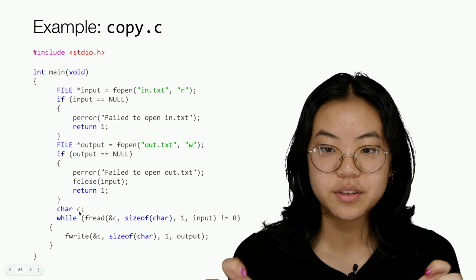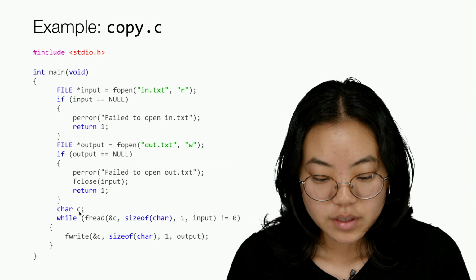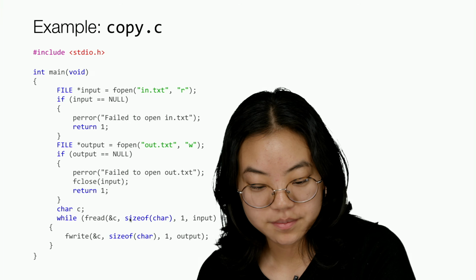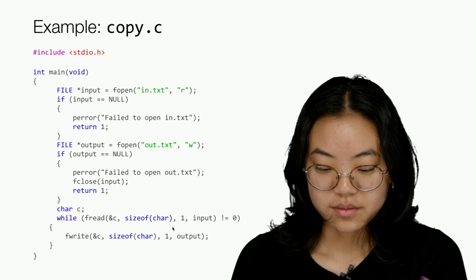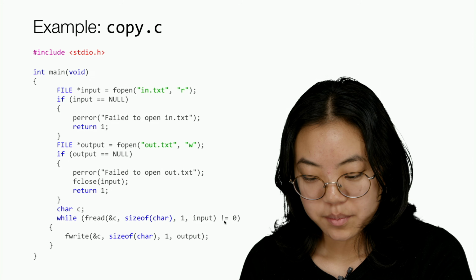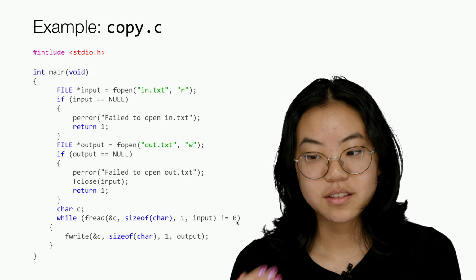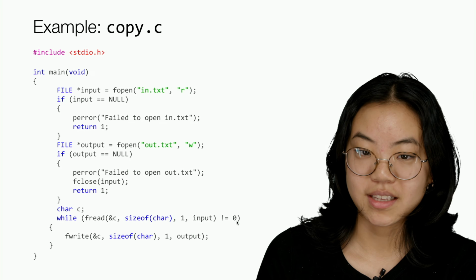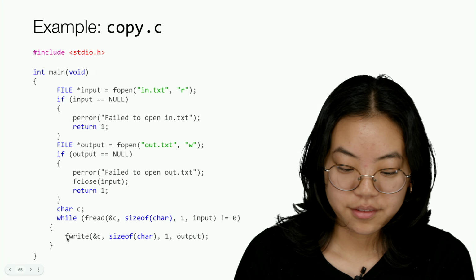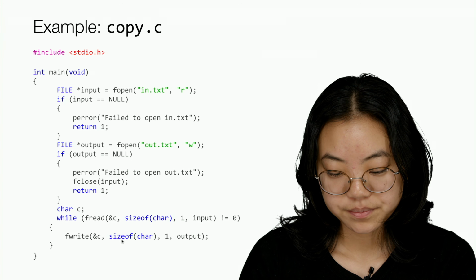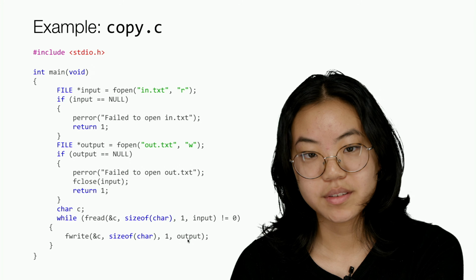It's going to be our buffer. And then while fread to the buffer C, and we're doing one block at a time from input, while that is not equal to 0, which means while we're still reading things, while there's still things to read, we should fwrite from that character buffer to the output file.